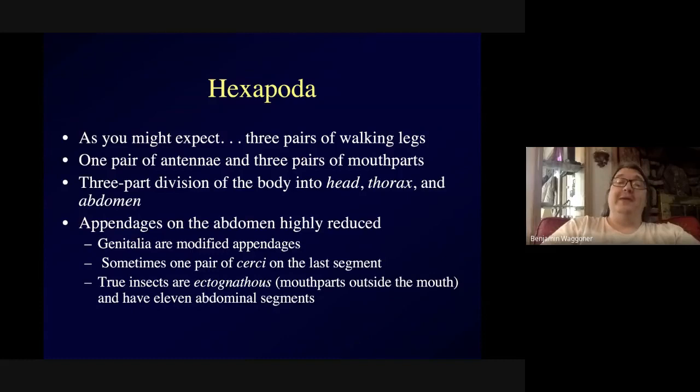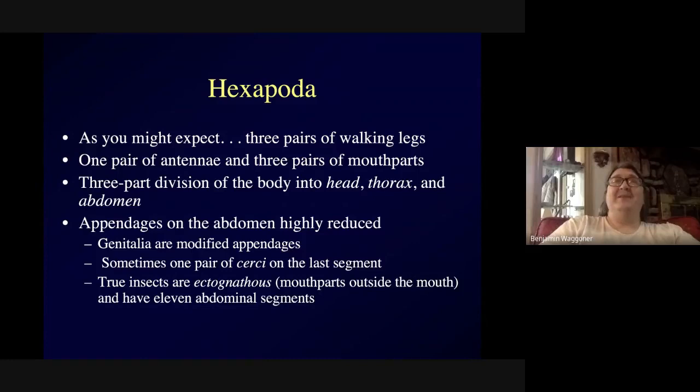So your typical insect will have 4 pairs on the head, the antennae and the mouth parts. The mouth parts may be very highly modified for different diets and different lifestyles, but what they fundamentally are are legs, they're appendages. And then 3 pairs of walking legs on the thorax.